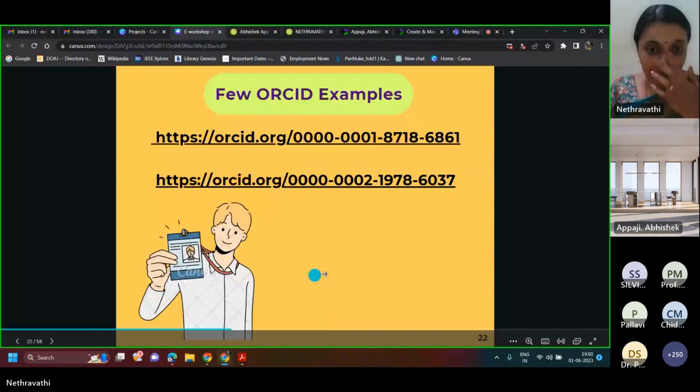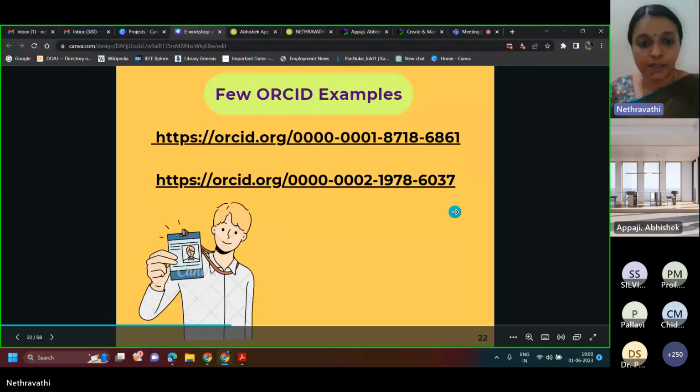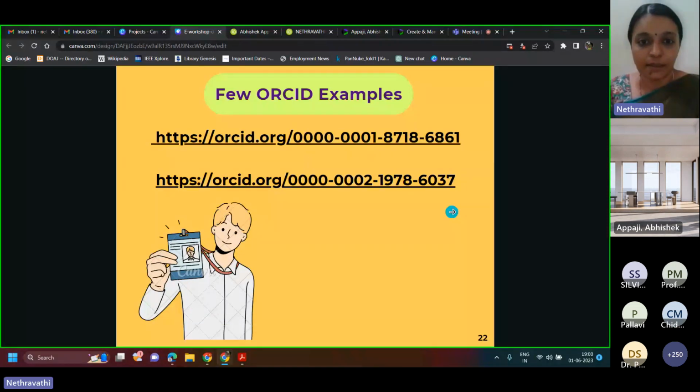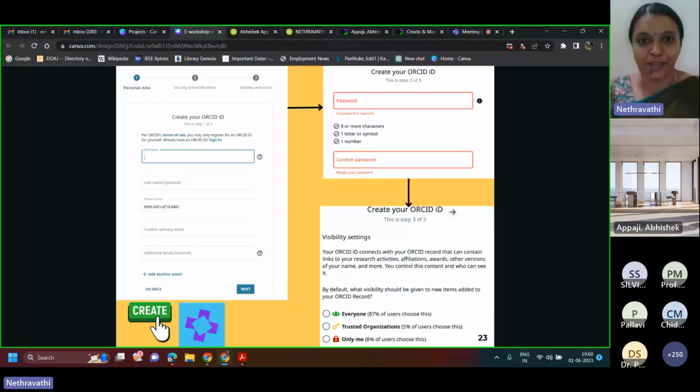So that was about ORCID. I hope all of you are following me. This is how you create an ORCID ID. I've taken screenshots.